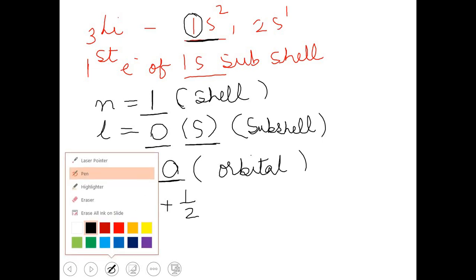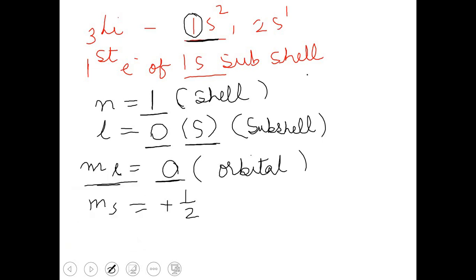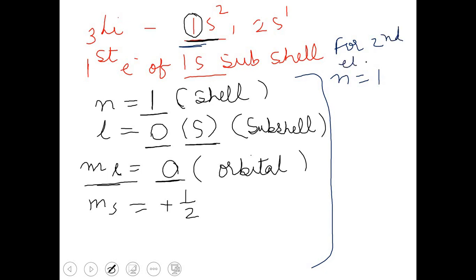On the right side I'd like to discuss the second electron, which is present in the 1s subshell only. So for the second electron, as it is present in the first shell, n is equal to 1.